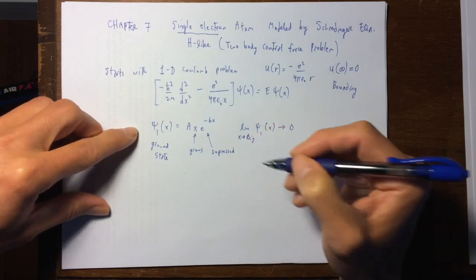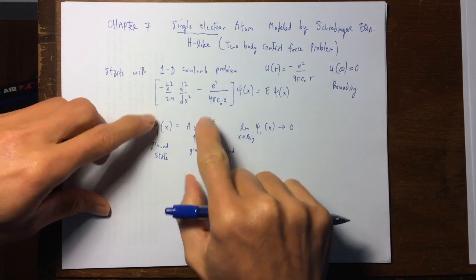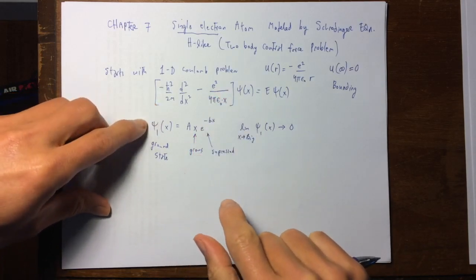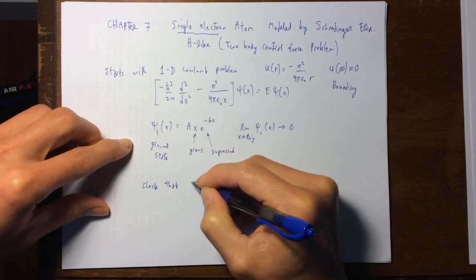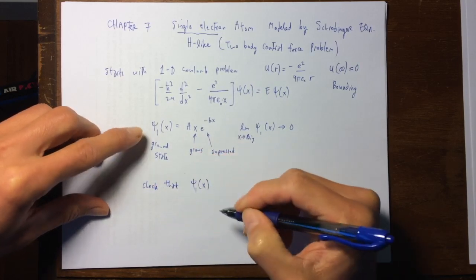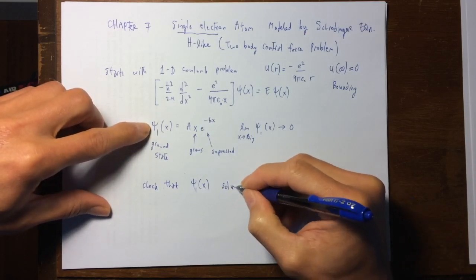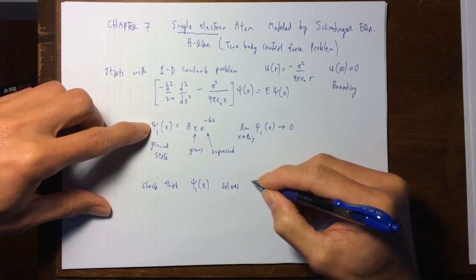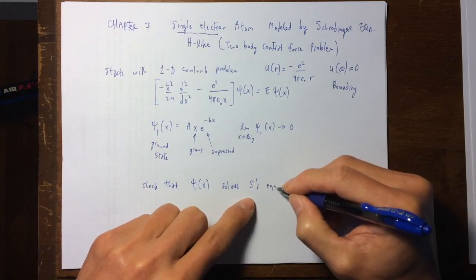Anyways, this is the ground state. It turns out that it works in this differential equation. You can check that psi 1 of x, this function right here, solves Schrodinger's equation.